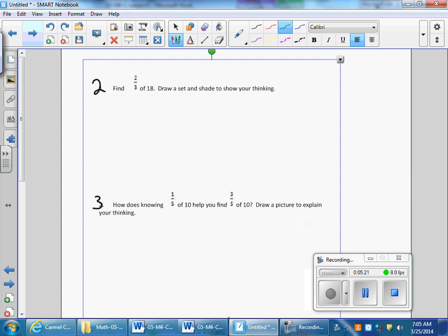Number 2. Find 2/3 of 18. Draw a set and shade to show your thinking. Okay, so I'm going to have 18. Now, I guess there's a couple different ways I could draw an array or a set with an array.